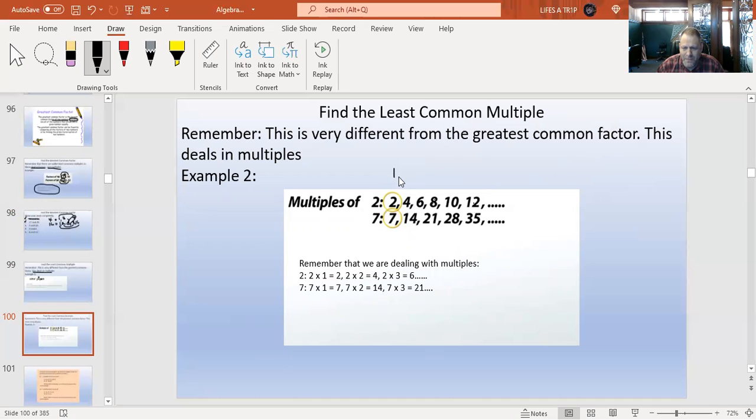If you were to make a grid here of the position they're in, and so on, you would get 2 times 1 equals 2, 2 times 2 equals 4, 2 times 3, 6, 2 times 4, 8, 2 times 5, 10, 2 times 6, 12, and the same with 7. So 2, 4, 6, 8, 10, 12, and 7, 14, 21, 28, and 35. So we're dealing with multiples.